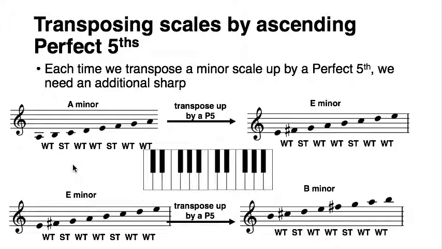By the way, for the sake of review, we know what a perfect fifth is, but just so we can brush up on that definition, a perfect fifth is an interval that involves 5 letter names and 7 semitones, right? That's how I'm getting at E minor from A minor. A, B, C, D, E, I have 5 letter names there, and indeed between A and E I have 7 semitones, right?